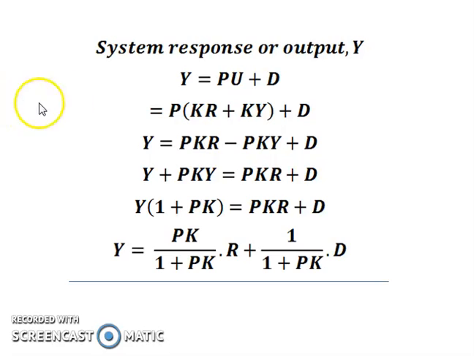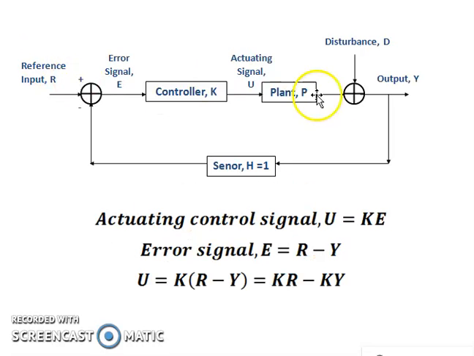Next, we look at the system response or output, which is given by Y. So Y is equal to PU plus D. Looking at our system again, the output of the plant is P multiplied by U, which is the input to this comparator, plus the disturbance input.